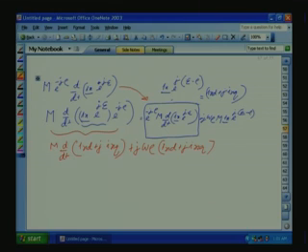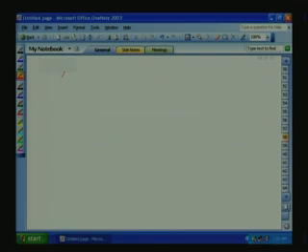Let us go to the rotor equation. Now the rotor equation. The original rotor equation is: rotor applied voltage is equal to 0, is equal to RR IR e raised to j (epsilon minus rho) plus LRR e raised to j (epsilon minus rho).